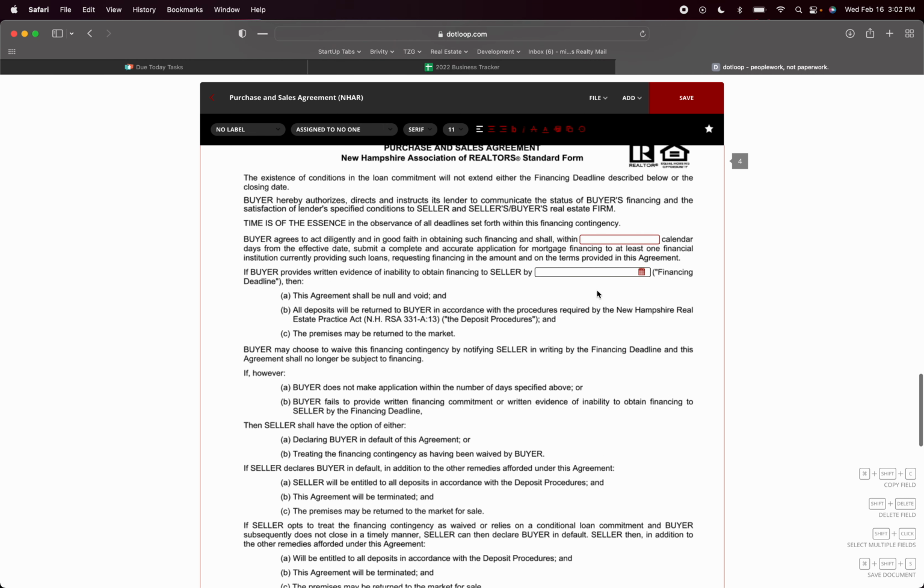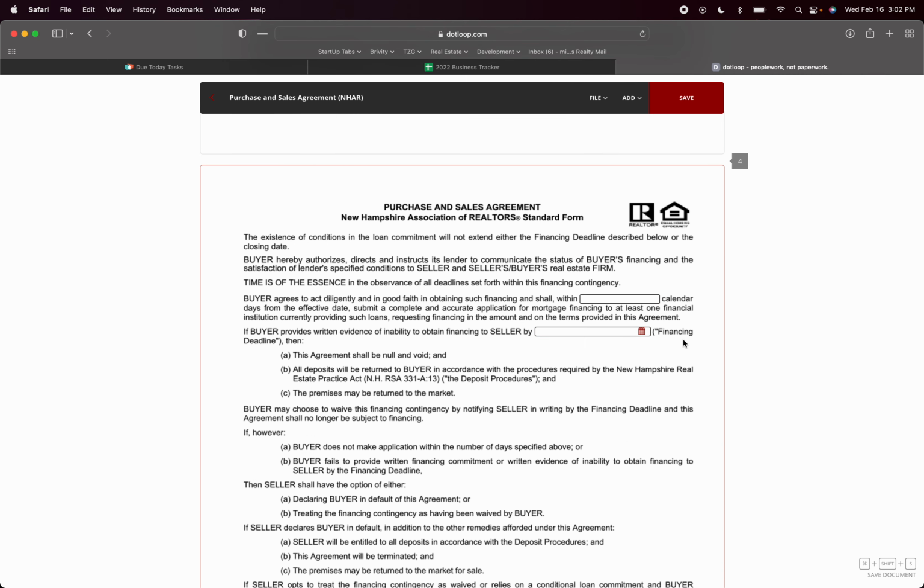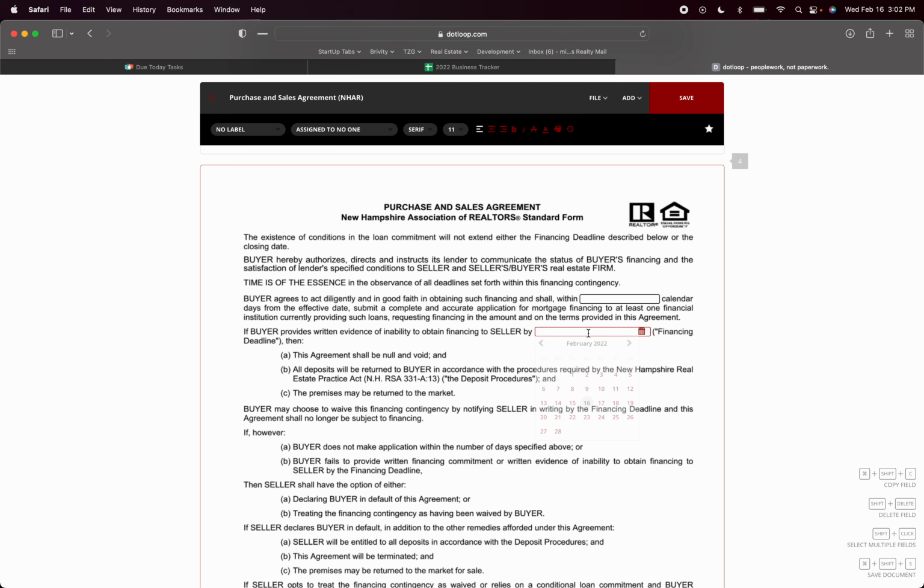This next blank right here is going to be an actual date. In the contract, it's referred to as the financing deadline. You're also going to hear it referred to as the loan commitment deadline. This deadline is the date at which the lender essentially has to provide written notification that they will not be able to complete financing in order for your buyer to remain protected.